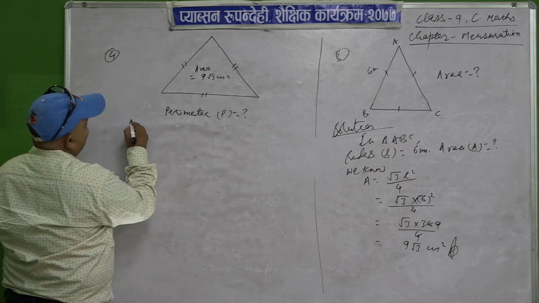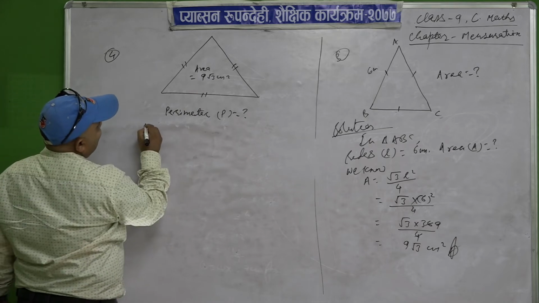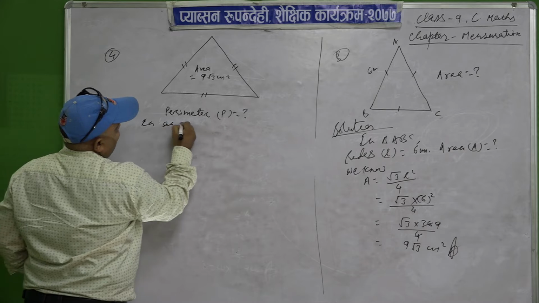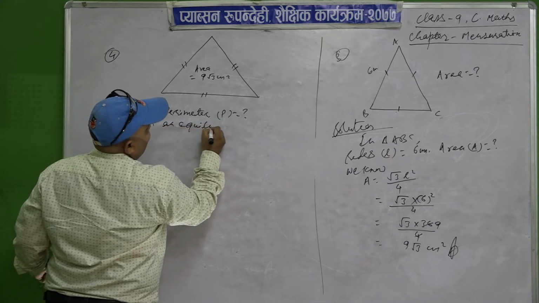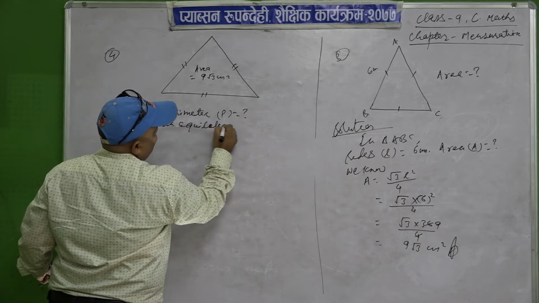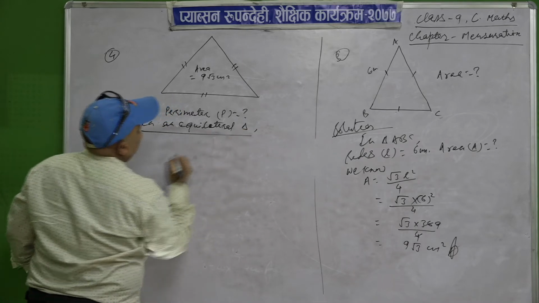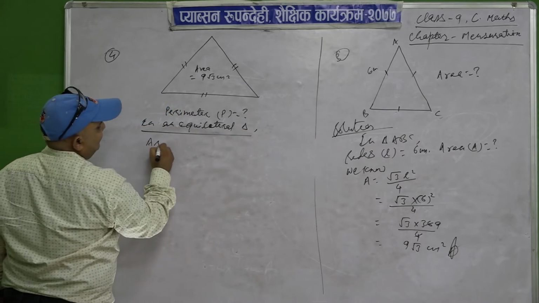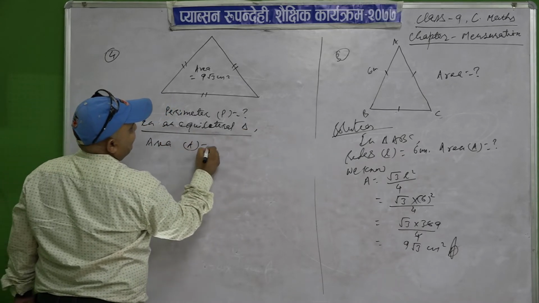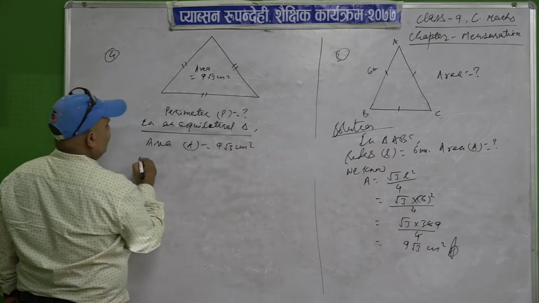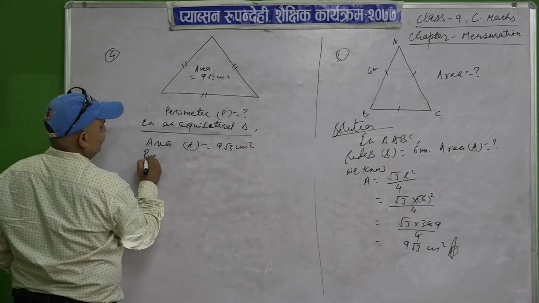So again, in an equilateral triangle, area A is given as 9 root 3 centimeter square. We have to find out the perimeter.